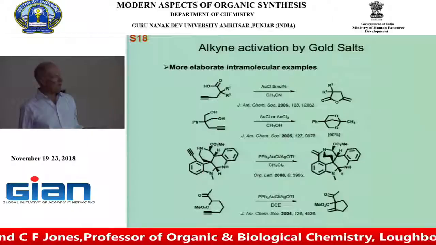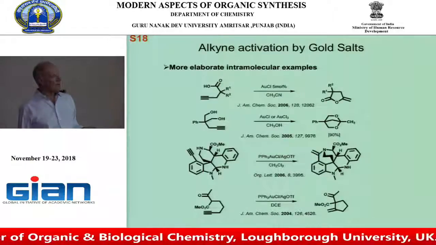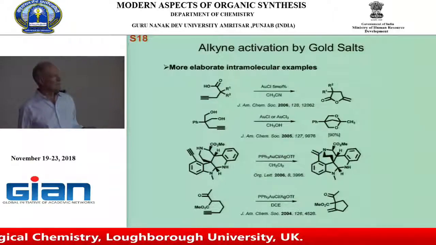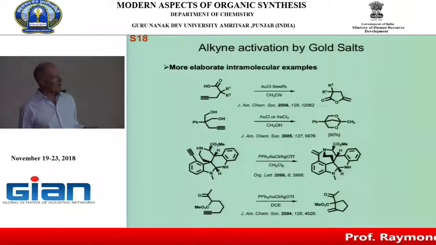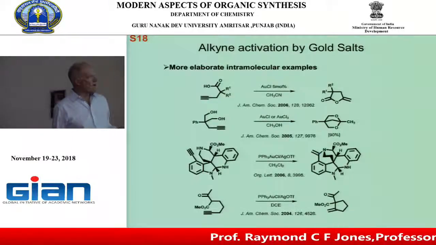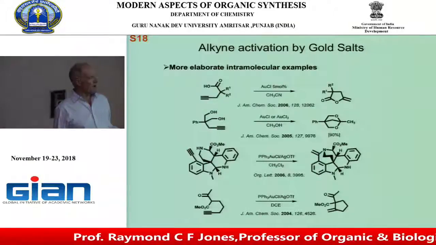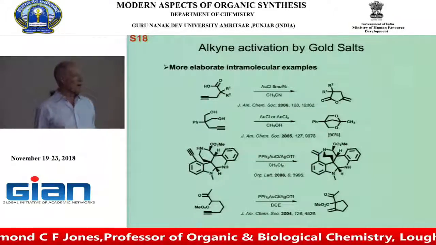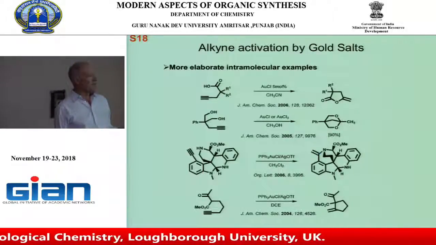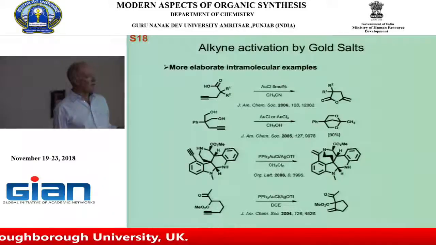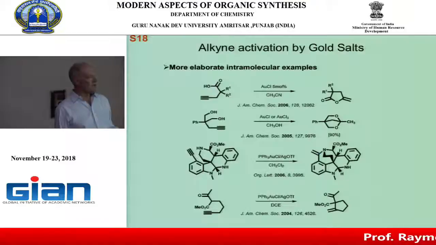Here to make this cage structure, in fact both of these, so not only is the alkyne being activated and one OH can add, but then the gold is sticking around to activate the alkene for a second attack. And so you get both of these CH2OHs, both of these oxygens going on to first the alkyne and then the alkene here.